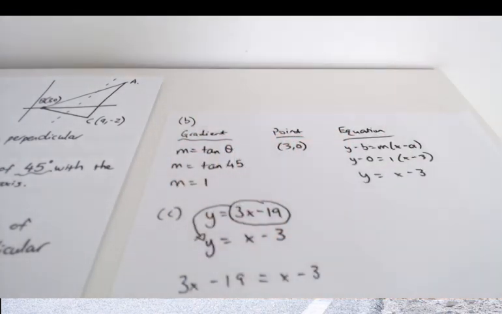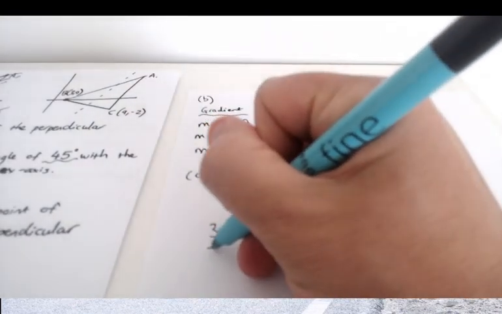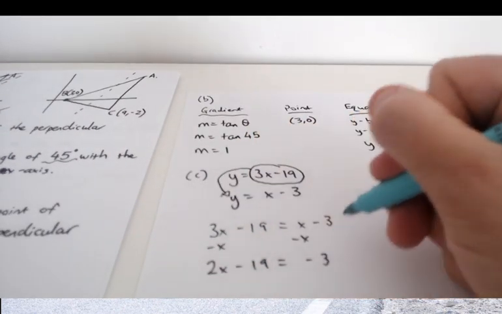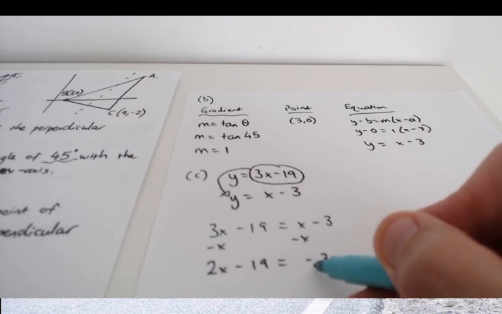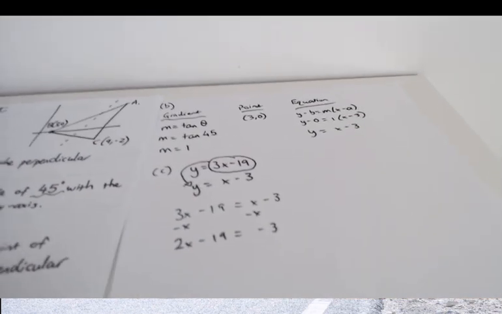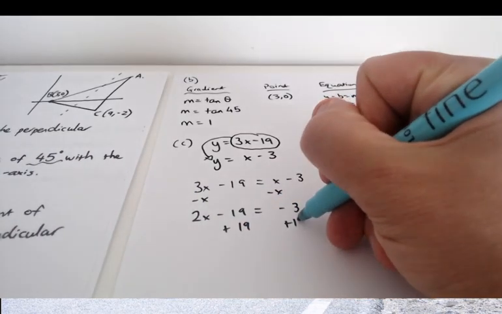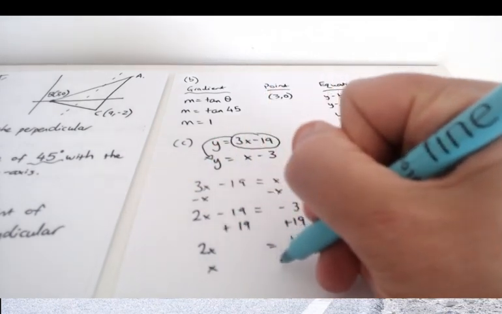And we get a basic equation that we're going to balance and solve. So I'm going to take x away from both sides. Remember here, when the x goes, you're left with minus 3. Don't change that to positive 3. You need to be careful with the symbols. I'm going to add 19 to both sides, and then x will equal 8.